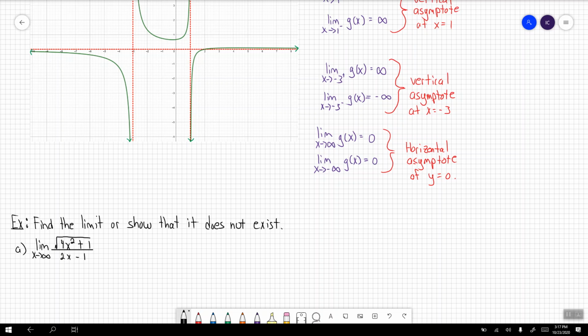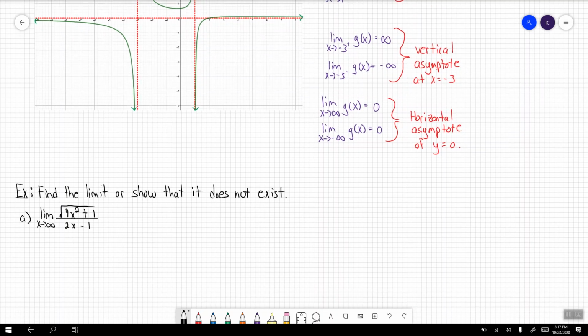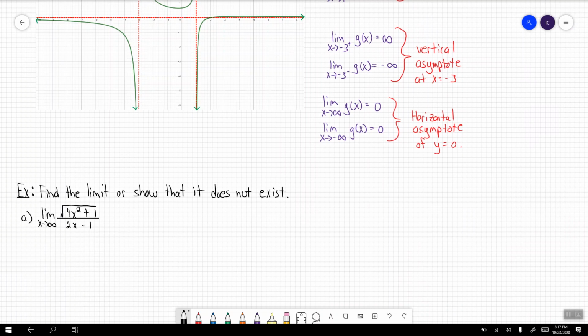Now you might say, hey, what can we do here? Well, it's possible that we can try to evaluate with a direct substitution. Now, if we go with a direct substitution, we're going to wind up with a limit for the numerator, which is some sort of infinity, over the denominator, which is some sort of infinity.